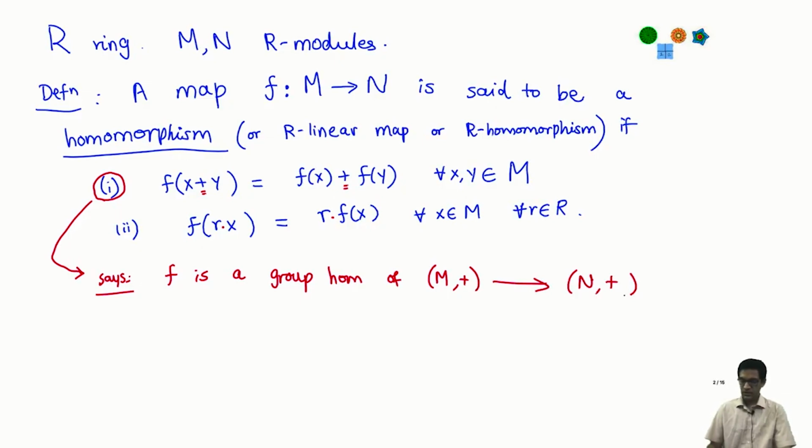Property 2 of course says that in addition to being a group homomorphism, it also respects the scalar multiplication. Now let's look at examples.